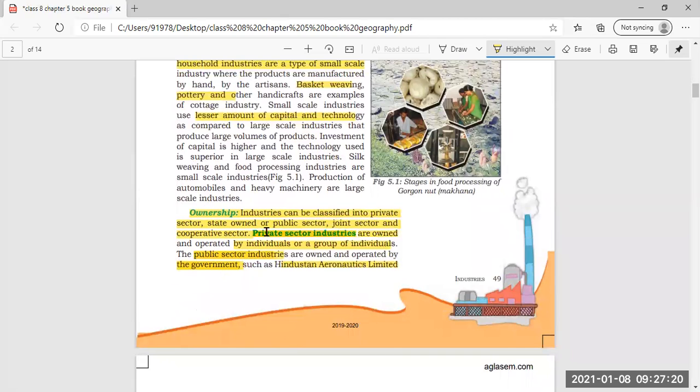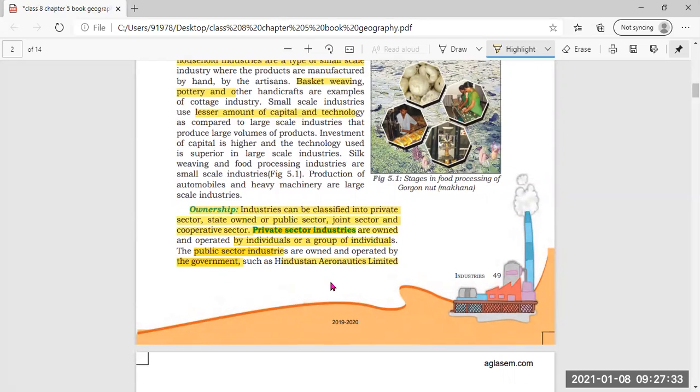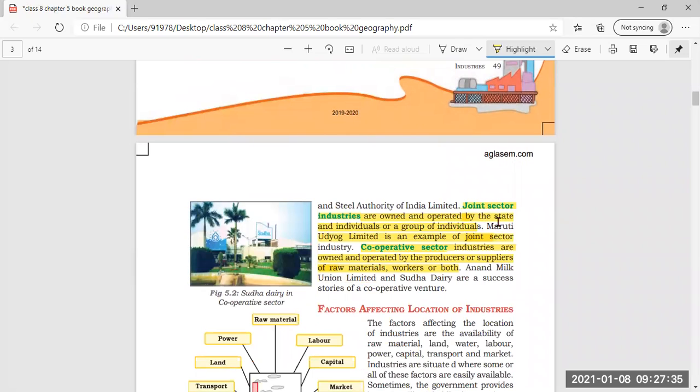Next, we have seen about the ownership, that is private sector. Private sector is operated by a particular individual or a group of individuals. Then public sector industry, owned and operated only by the government. And then the third category, joint sector, in which the state as well as individuals are both involved.